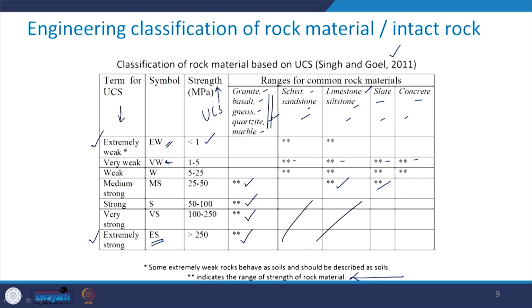However, for these rocks, there is nothing in this case. So, this gives you an overall picture about the common rock types, common rock material or common intact rock, and their classification on the basis of their UCS value.